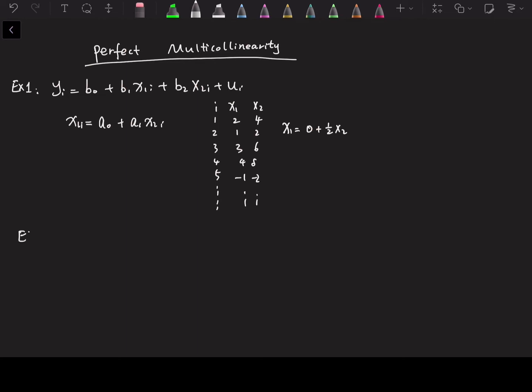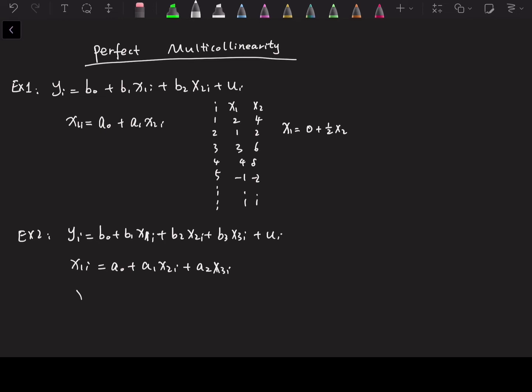Example number 2 could be y_i equals b0 plus b1 x1 plus b2 x2 plus b3 x3 plus error. And then x1 may be a linear function of x2 and x3, so that means x1, x2, x3 are perfectly linear.